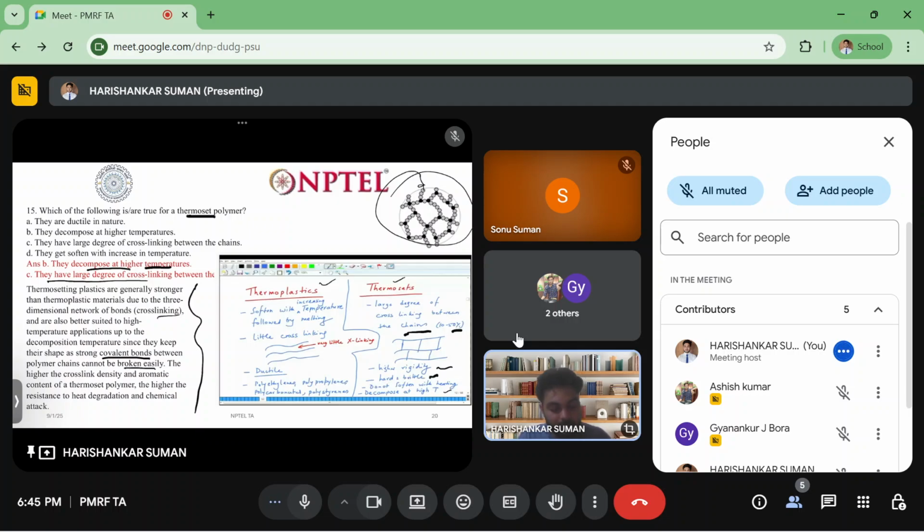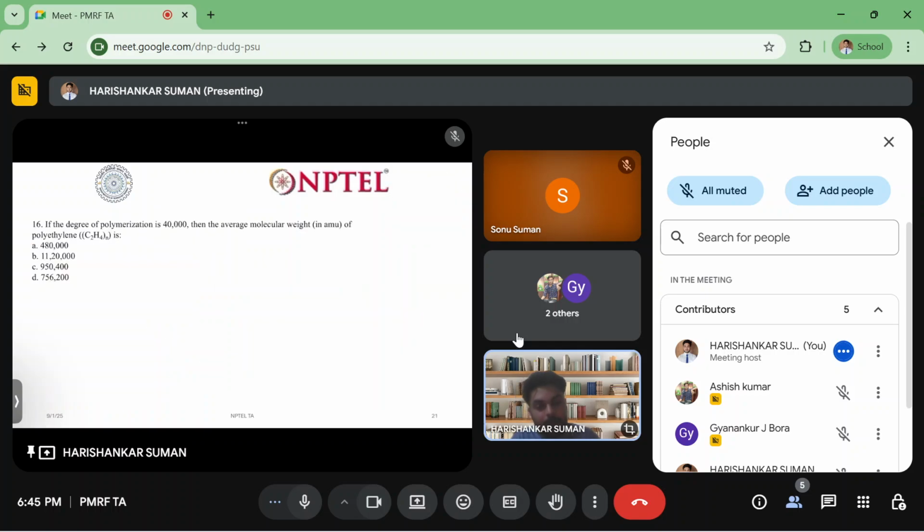The higher the cross-linking density and aromatic content of the thermoset polymer, the higher the resistance to heat degradation and chemical degradation. So see the next question.